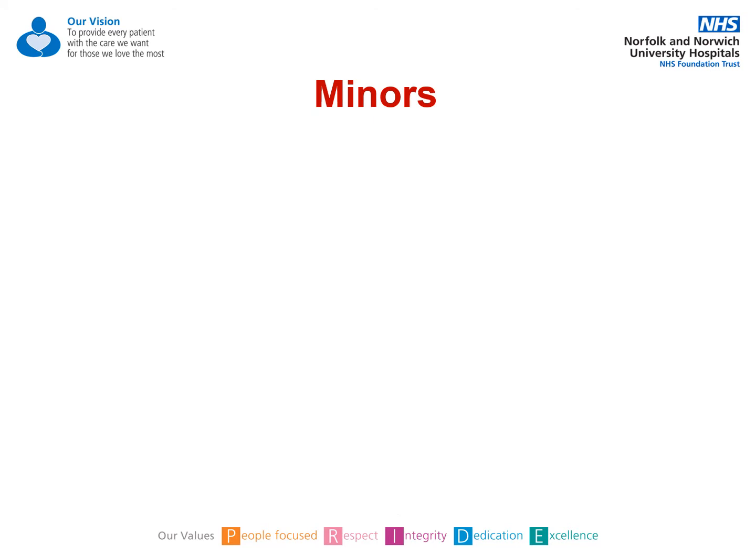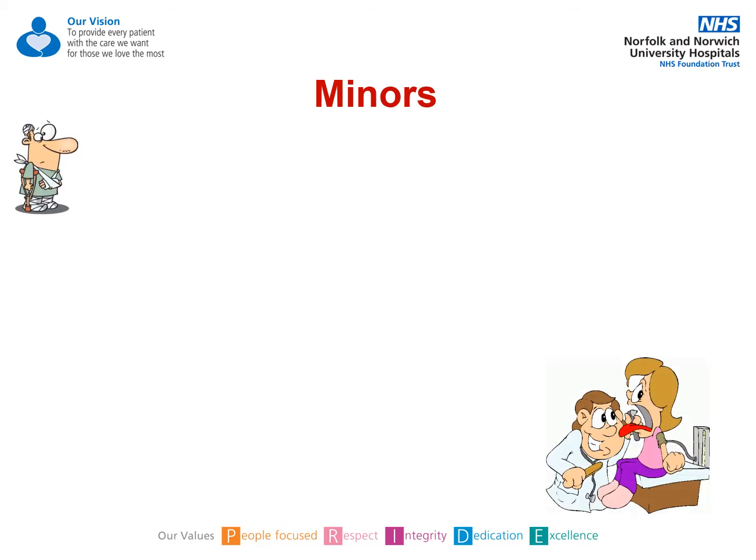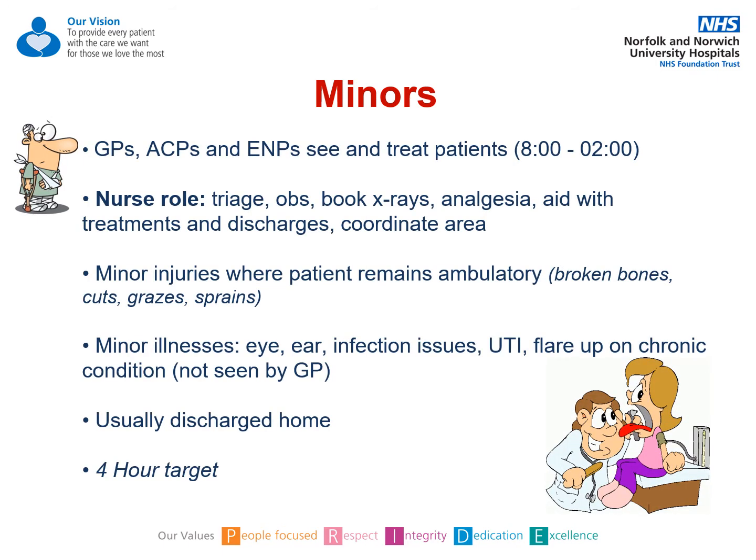So then we've got minors, or used to be called minors, and minor injuries and illnesses. So this is an area where patients have got something minor, I suppose. Might be an injury, it might be an illness. So injuries, quite a lot of possible broken bones go to minors, which sounds a bit surprising.